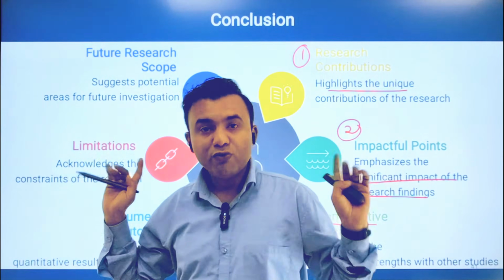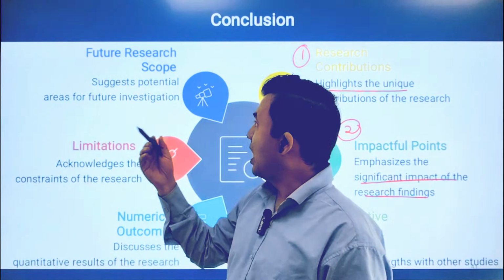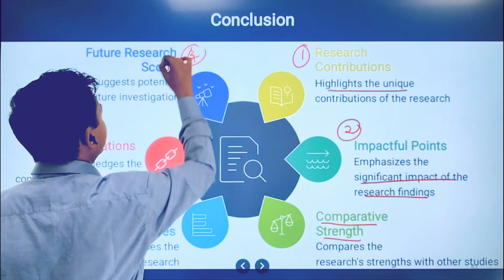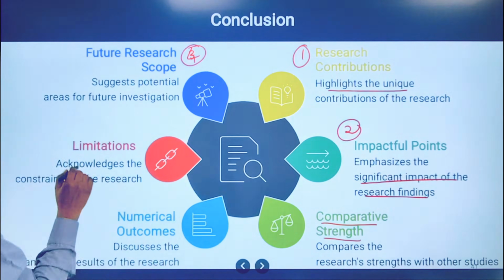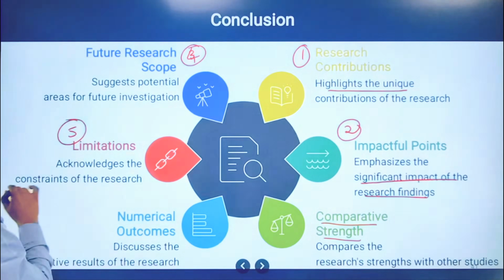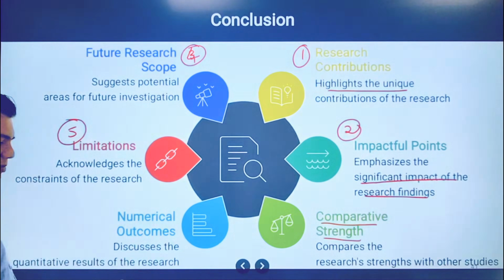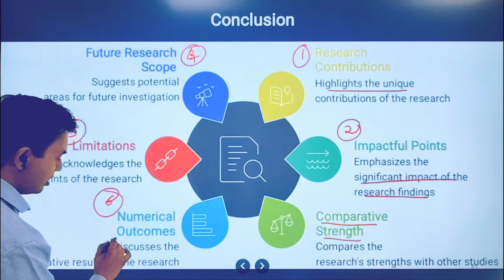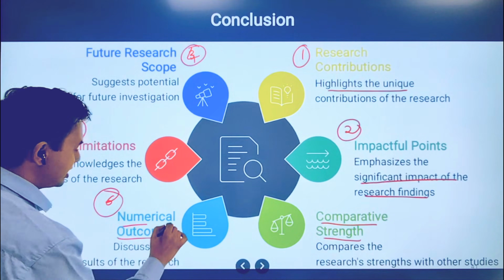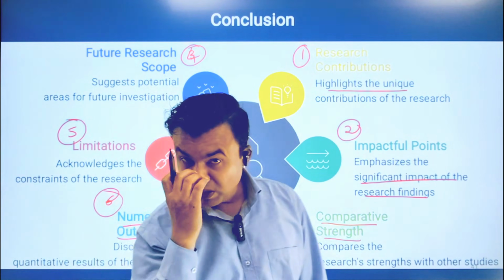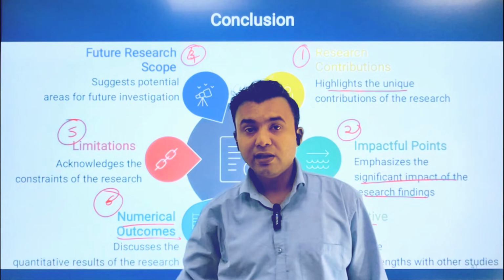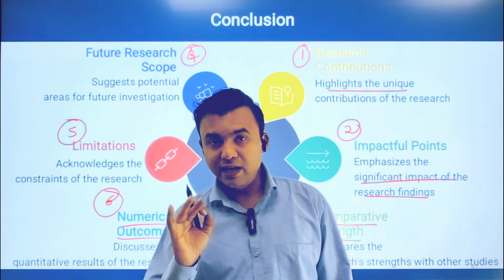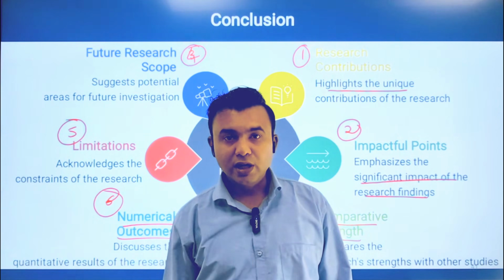Future scope: how your research is leading further, provide the future scope. If there are any limitations, mention them, acknowledge that there are certain limitations, and present the numerical outcomes. Discuss the numbers, right? So this is the entire blueprint for writing the conclusion.